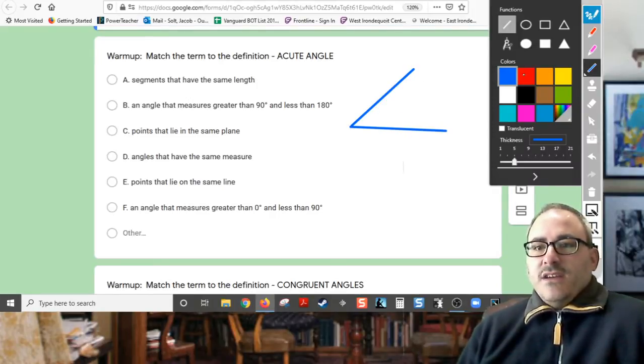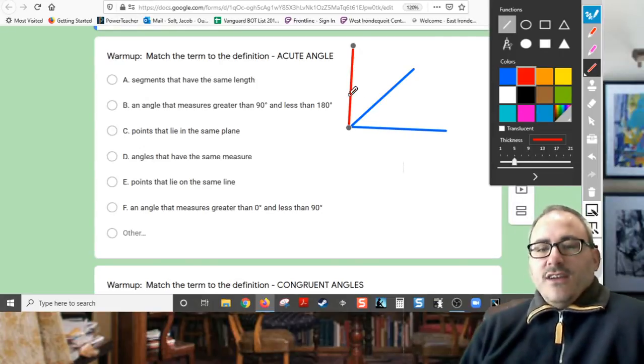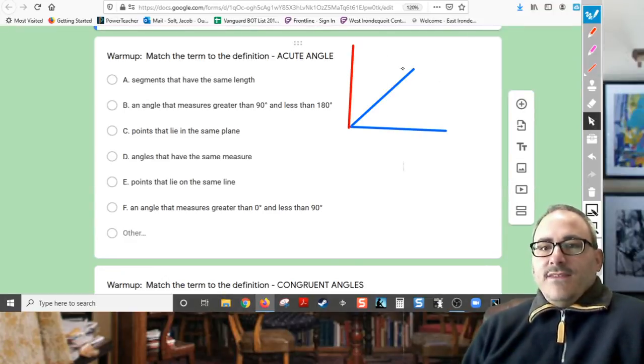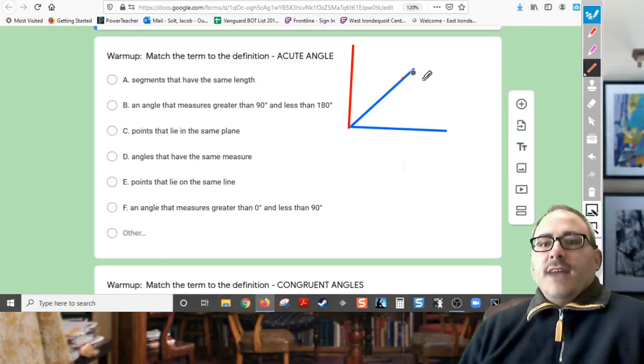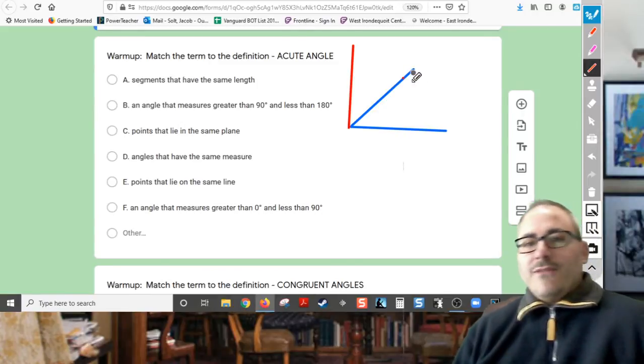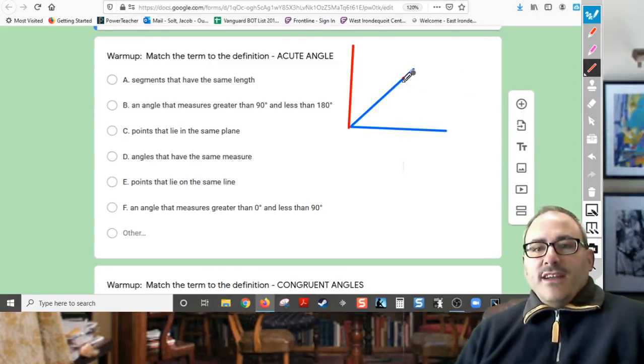Let me show you where 90 would about be. I'm going to try to approximate with the red line where 90 would approximately have to be, okay? So this red line and this blue line here would be 90 degrees. They're perpendicular to each other. If this blue line here were anywhere in between, less than the red but greater than the blue, it would be an acute angle.